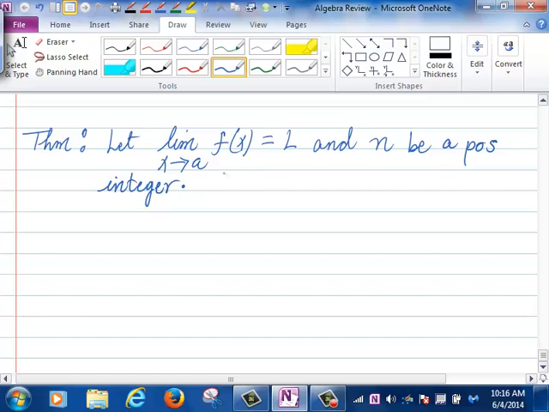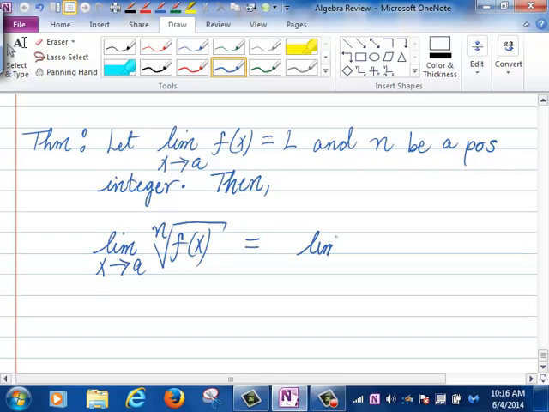Then the limit as x going to a of the nth root of f of x is equal to the nth root of L.